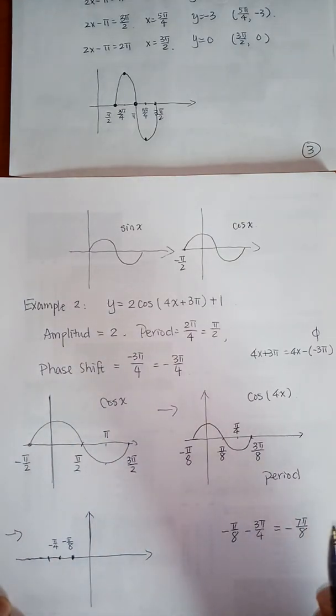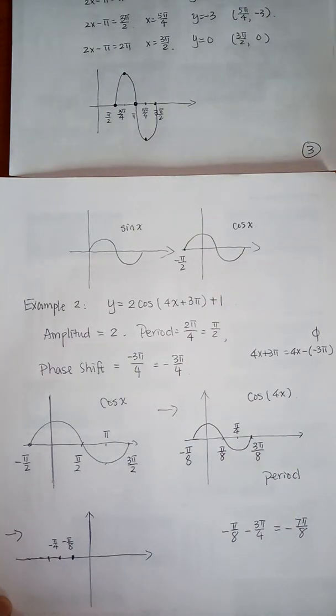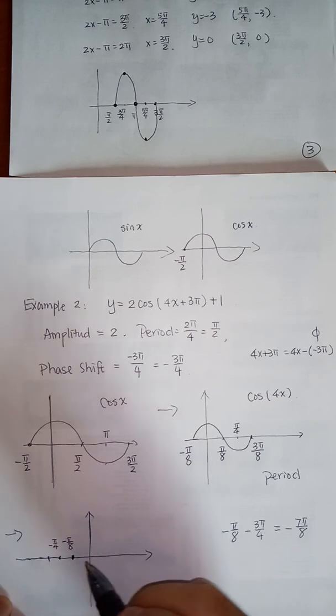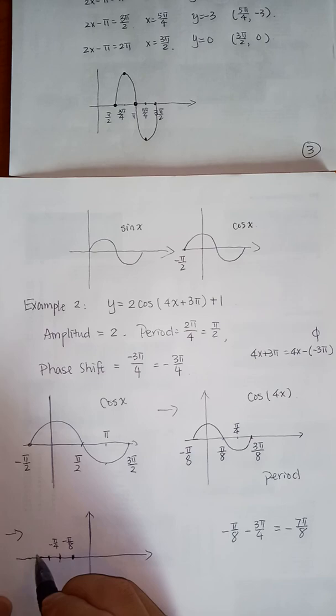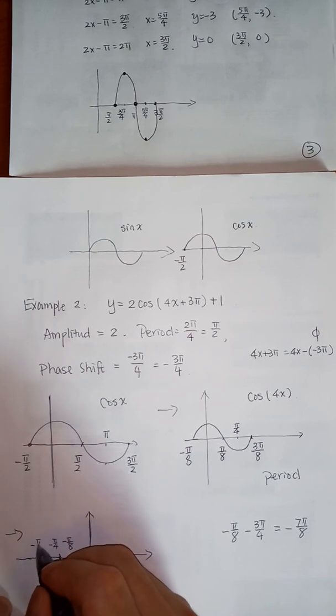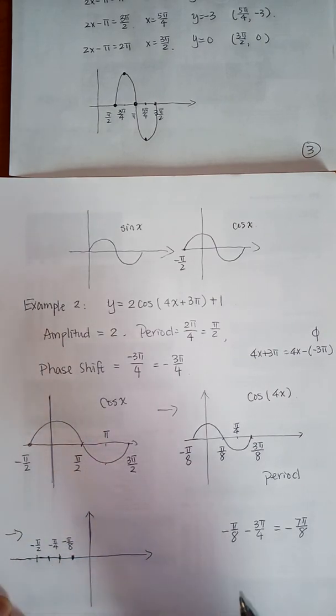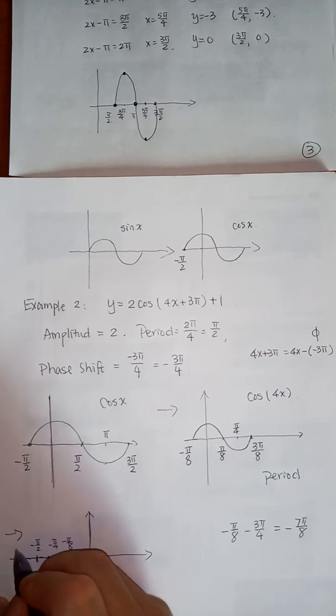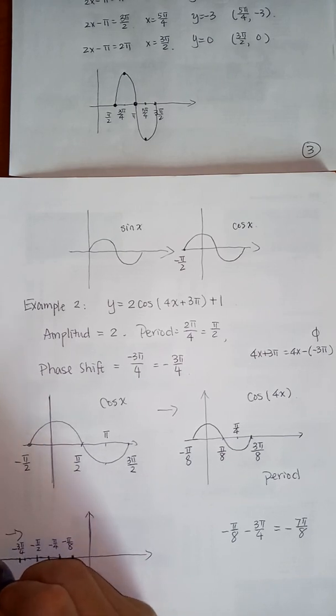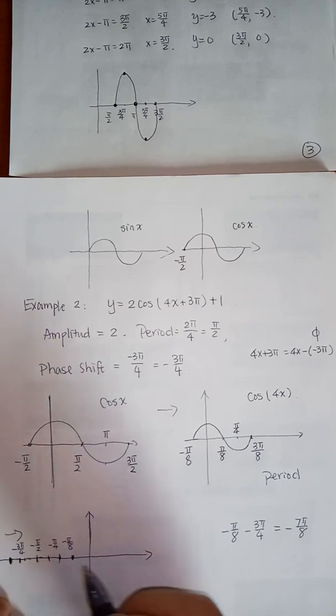Okay, let me try to get this negative 7 pi over 8. This is negative pi over 4, negative pi over 2. Wow, it's too big. Negative 3 pi over 4, negative 7 pi over 8. Okay, here. Wow, it's horrible.